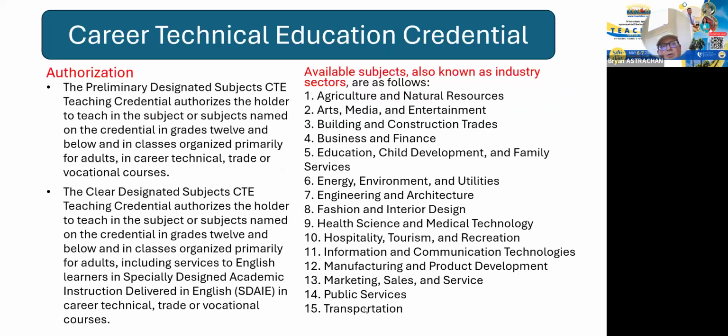So now, when we look at the authorizations for a CTE credential, a California career technical education credential can have more than one area on it. And as you can see on the left-hand side, we have 15 of these industry sectors: agriculture and natural resources, arts, media and entertainment, building and construction trades, business and finance, education, child development, and family services.